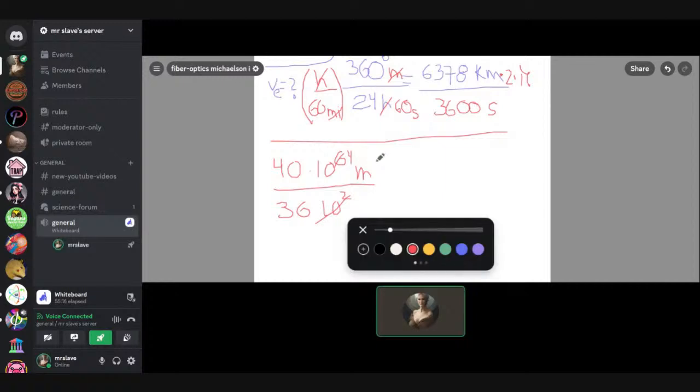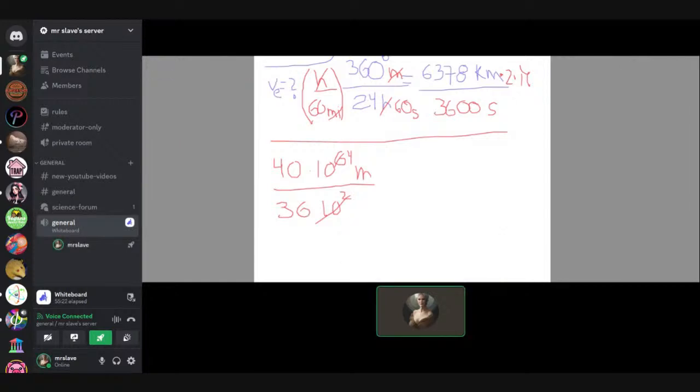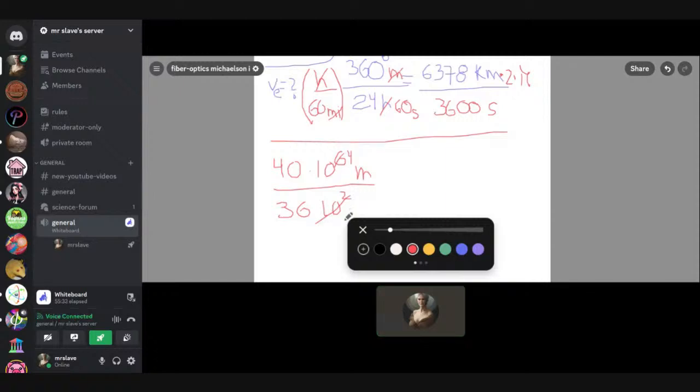So this becomes 4. Okay, so it's 40 divided by 36. So just divide this by 36. And that's about 1 million. So it's 1 million times 10 to the 4th meters per second.